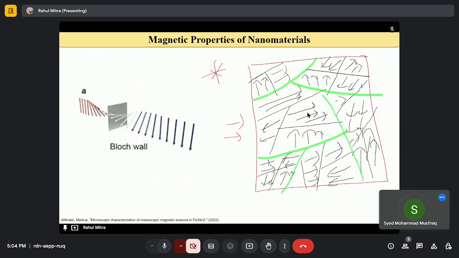So in each domain we have the spins pointing in a certain direction.